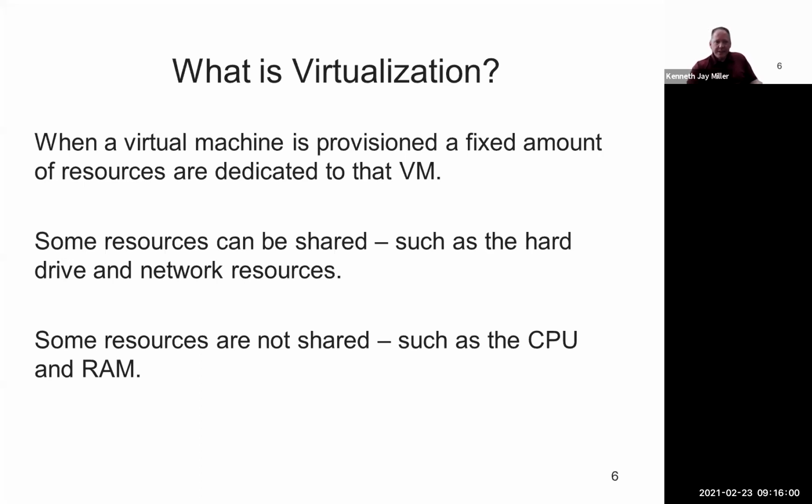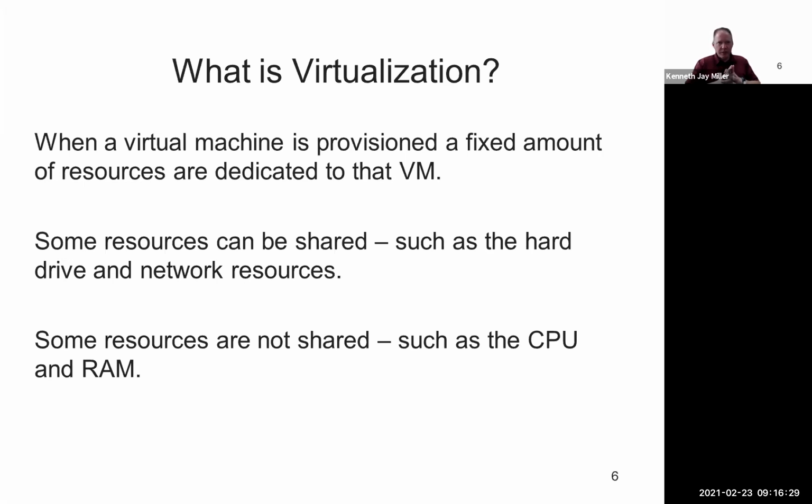But some of these things can be shared. For example, when we look at our ESXi server, there is 32 gigs of random access memory on the server, and we are going to share some of that memory. Now, the key here is we cannot share more than what we have.